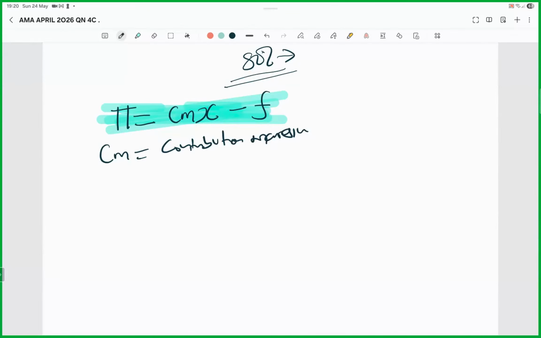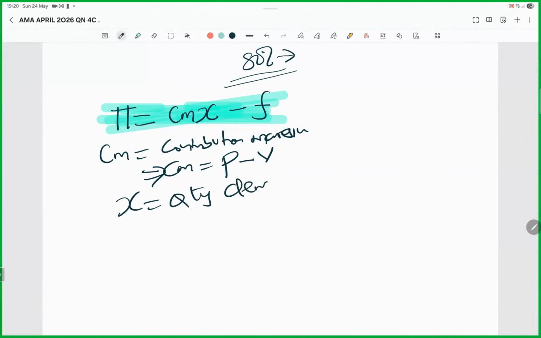I'll explain that. And to get contribution margin, we normally take selling price minus variable costs. Anytime we want to get contribution margin, we take selling price minus variable cost. Of course, X is quantity demanded. F is the firm's fixed cost.